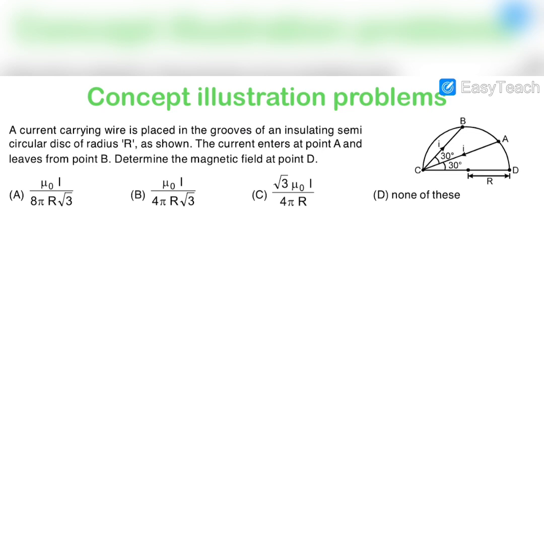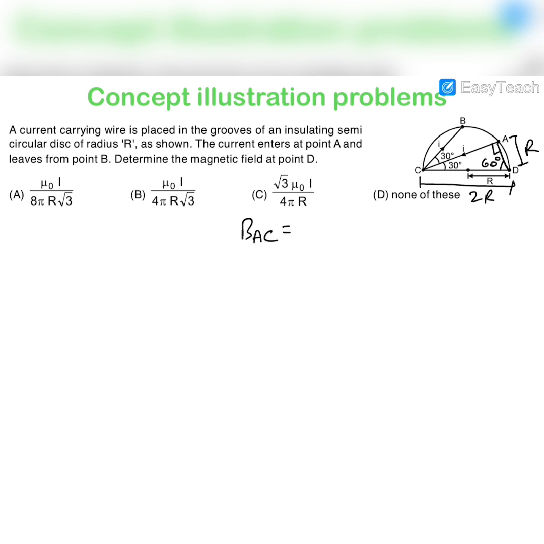So for that, first of all, let us find out the net magnetic field due to wire AC. So for that, let us draw a perpendicular like that, and this angle will be 60, and this complete distance will be 2r, and it would be r. So the perpendicular distance will be r, and let us name the magnetic field as BAC.